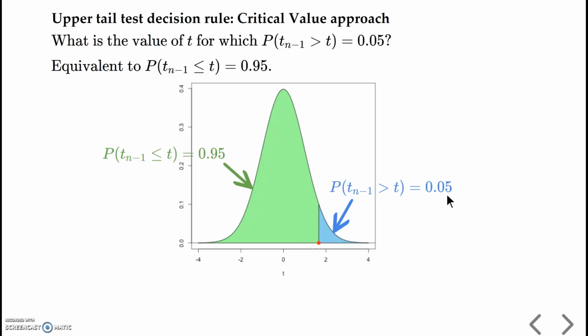So when alpha is 0.05, the rest of the area is 0.95, which is 1 minus 0.05.